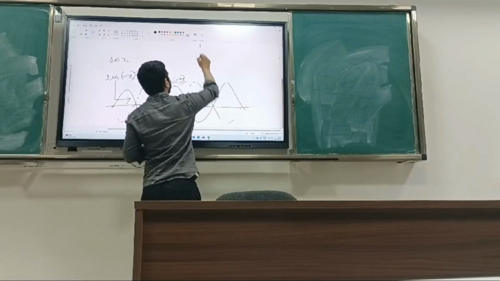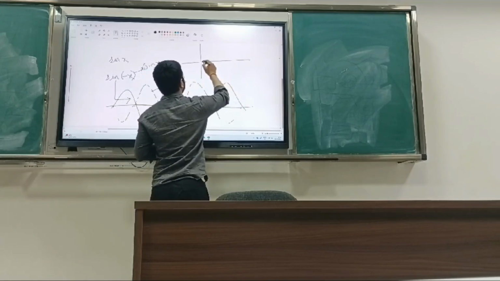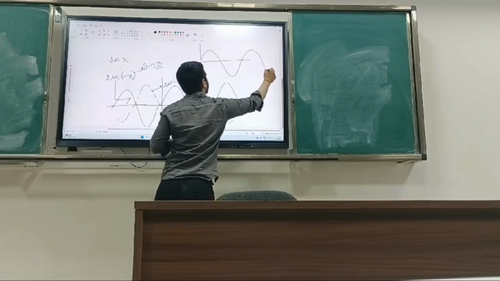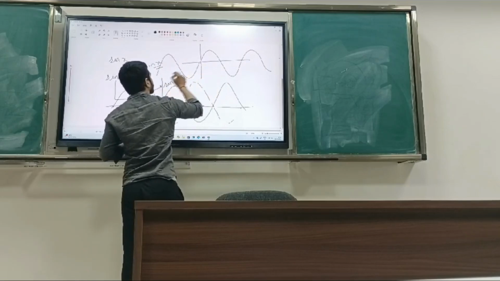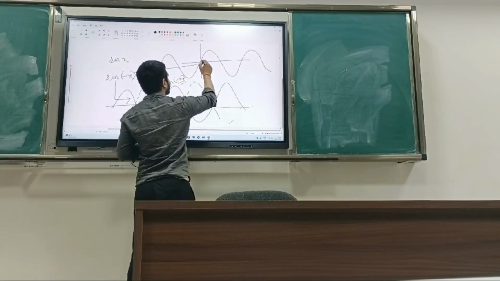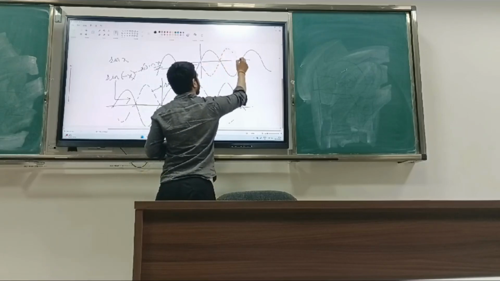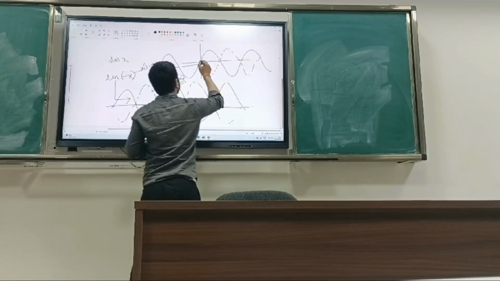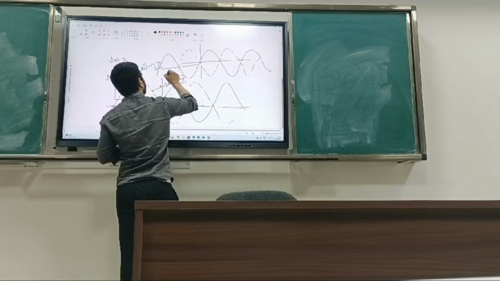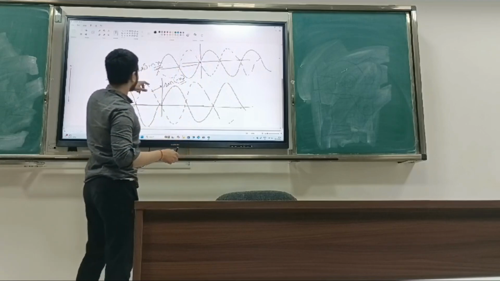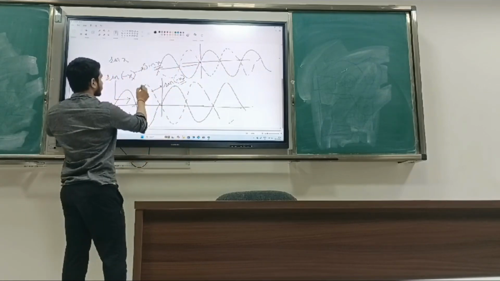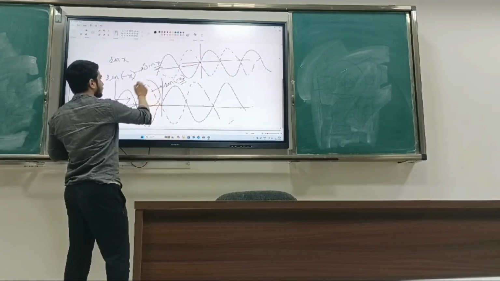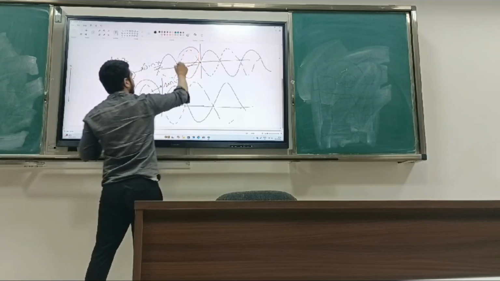Okay, and now we will draw the graph of minus sin x. So if we draw the graph of minus sin x, what will be there? This will be reflected around the x-axis. So like this. So now if we see both the images, these are the same. This curve is here on the upper side, and this curve is here on the upper side.